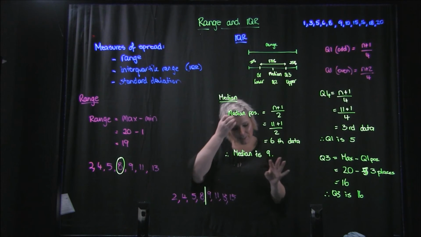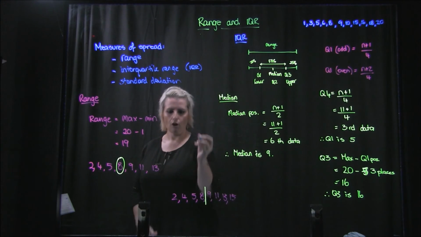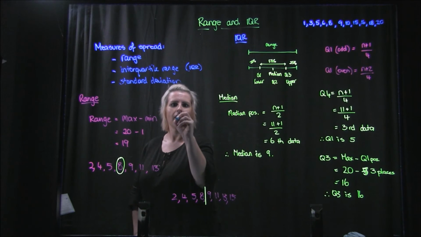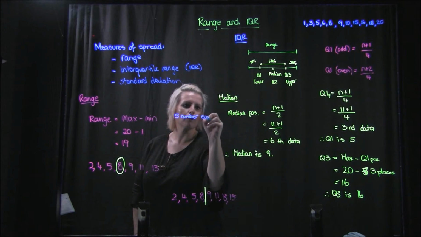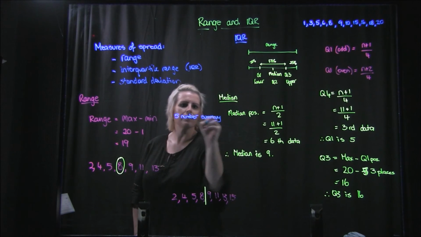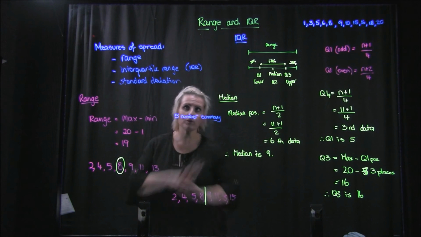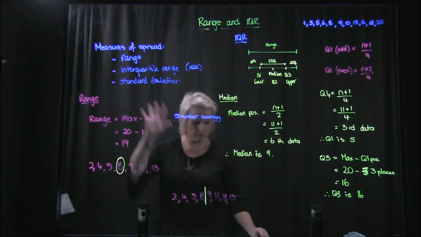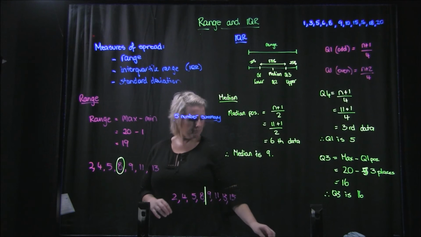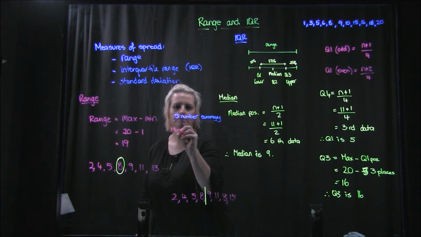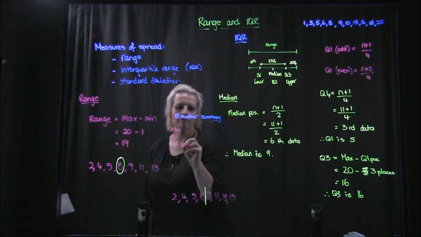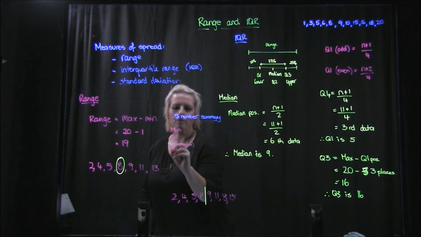Last of all, I'm going to show you the 5-number summary. This is something you need to be able to do from this data each time. The 5-number summary puts together all of what we've been doing here except for simple range. We have the minimum, then Q1, then Q2 or median, then Q3 and the max.